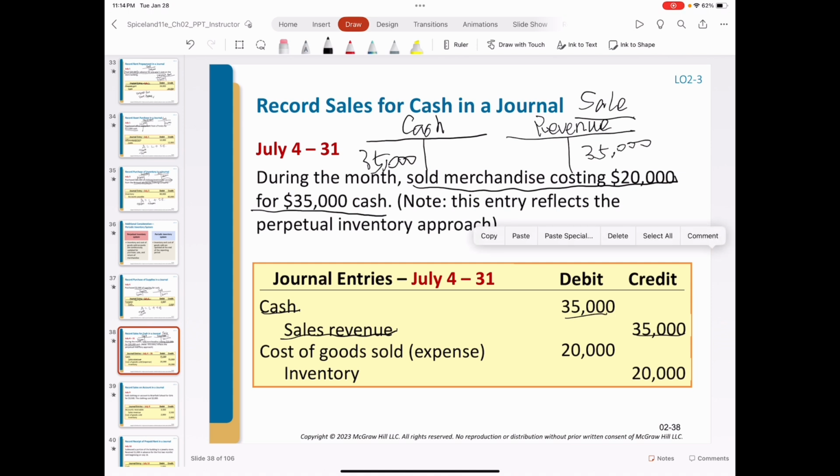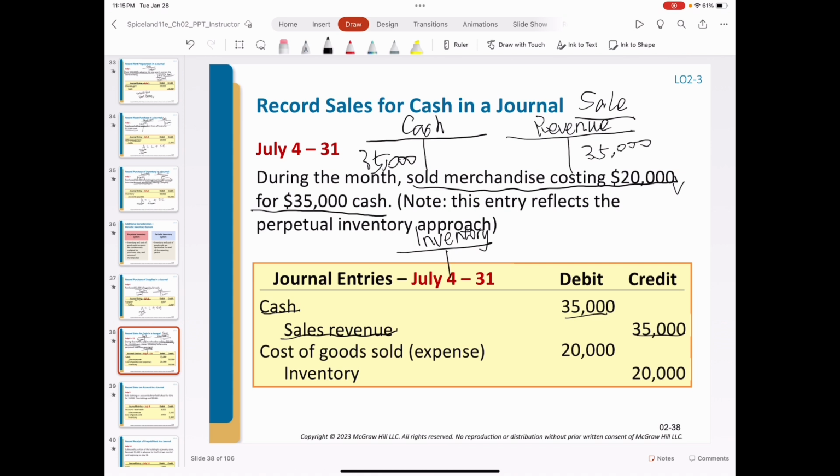Remember, these goods or merchandise cost $20,000. There are another 2 accounts affected. One is inventory. Before the merchandise was sold, it is the inventory of the company.